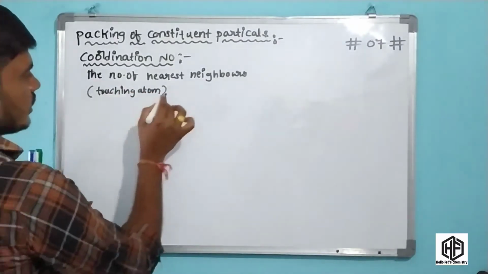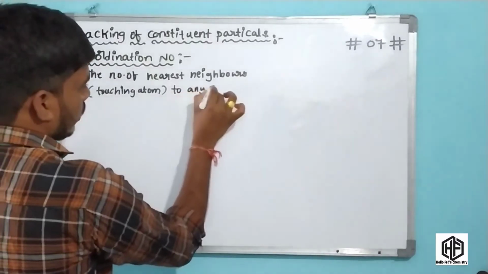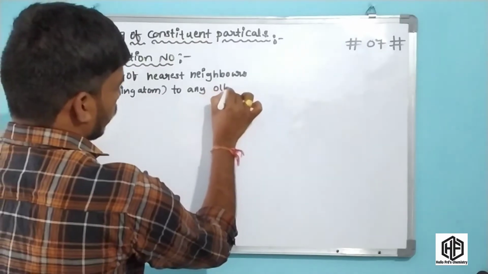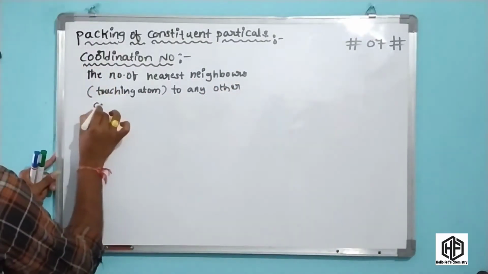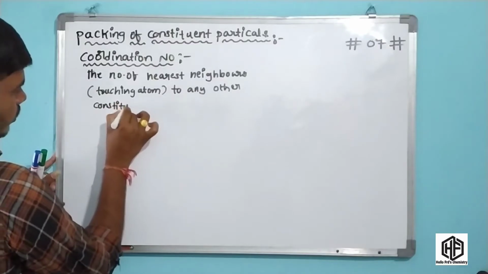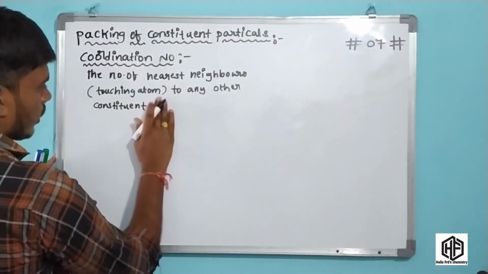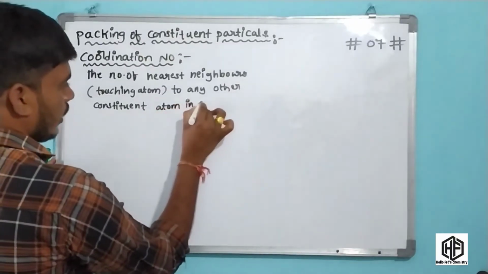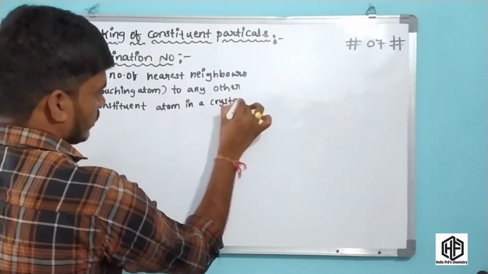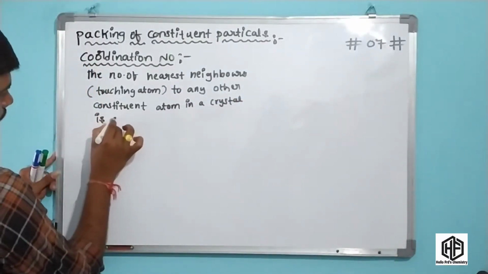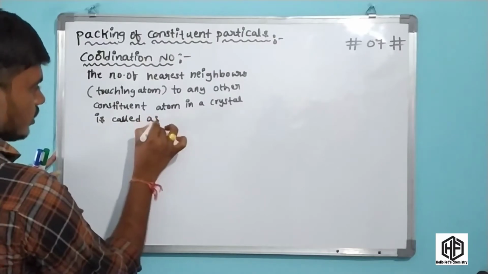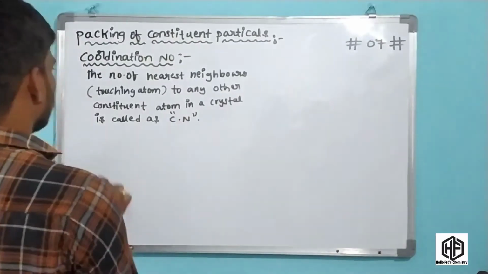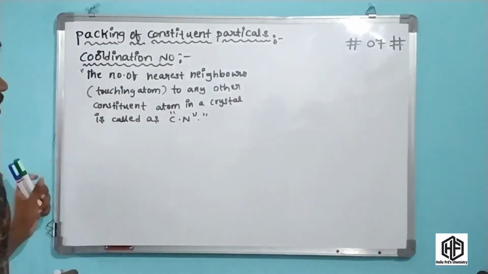The number of nearest neighbors to any other constituent atom in a crystal is called the coordination number. Okay friends, this is the definition of the coordination number.